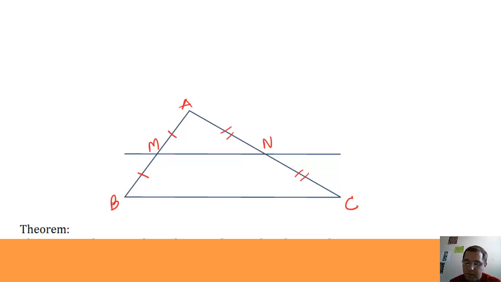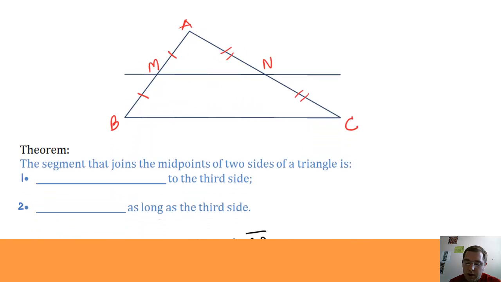Now let's say I take almost the same picture, triangle ABC, this line MN that cuts through it. But this time I know not that it's parallel, but that it cuts through the midpoints of both AB and AC. So M is the midpoint of AB, N is the midpoint of AC.